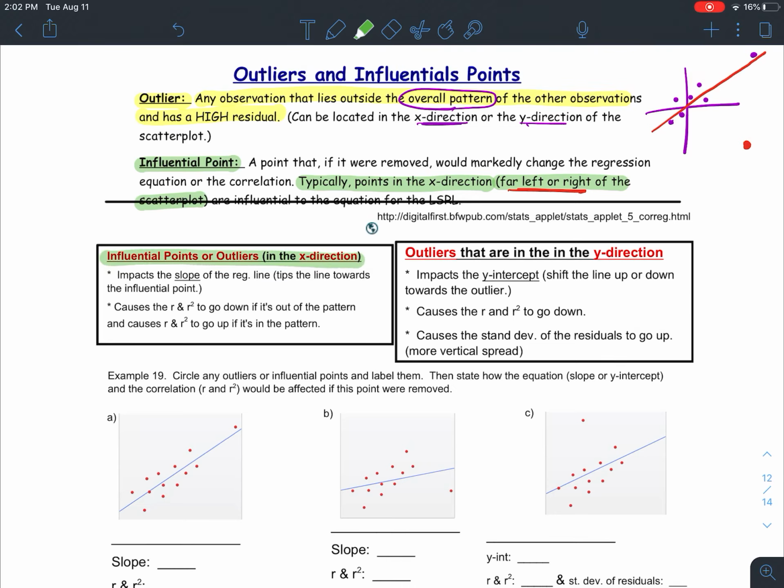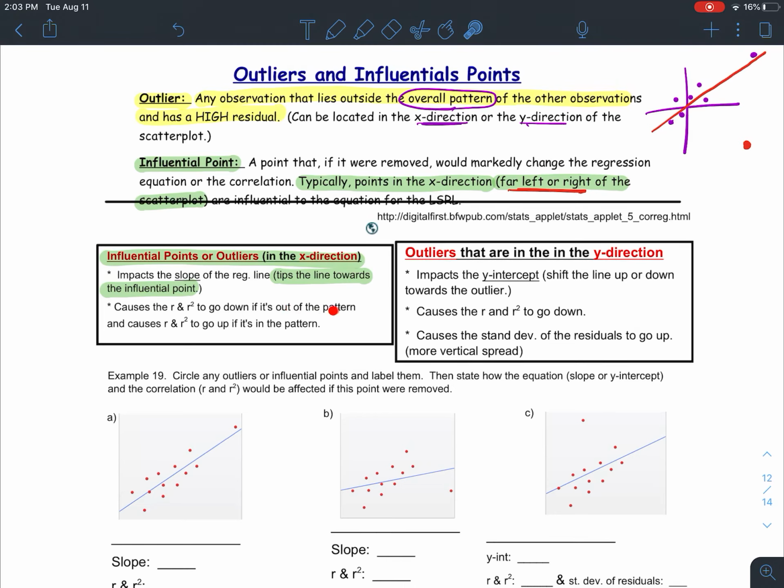Okay, so your influential points, just try to remember this, they're located on the far left or far right of the graph. Any influential points or outliers that are in the far left or far right in the x direction will dramatically change your slope. What it does is it pulls the line towards that influential point, and in pulling it towards it, it's tipping it and causing a change in the slope, okay?